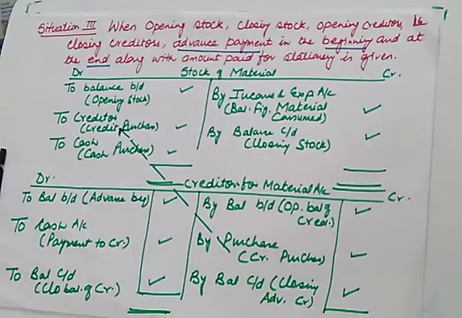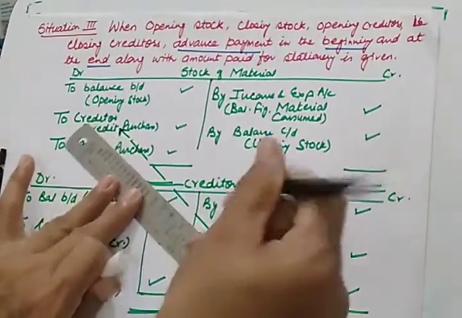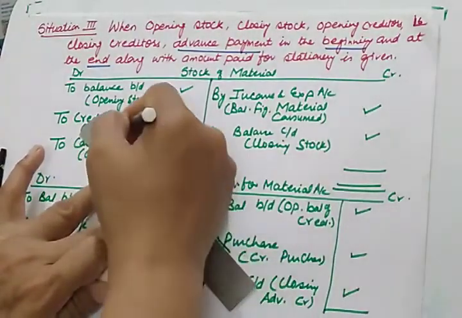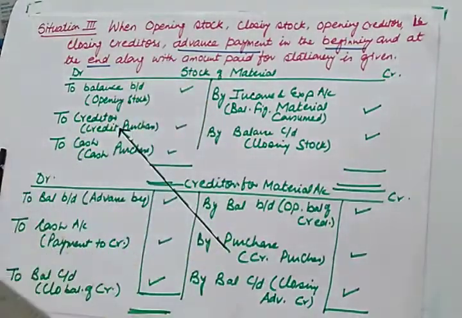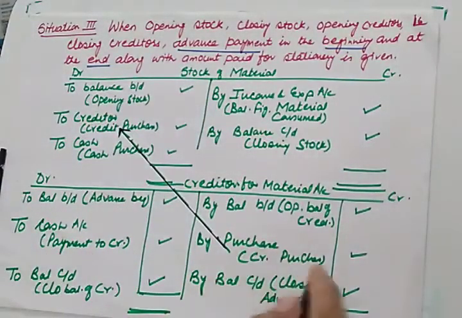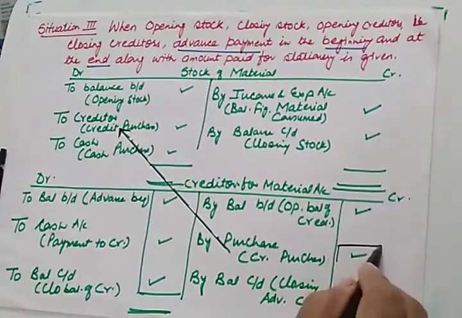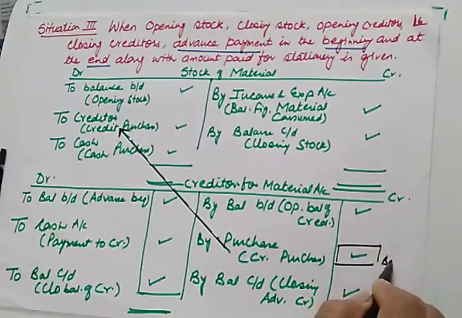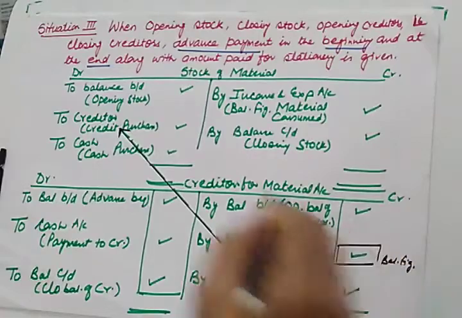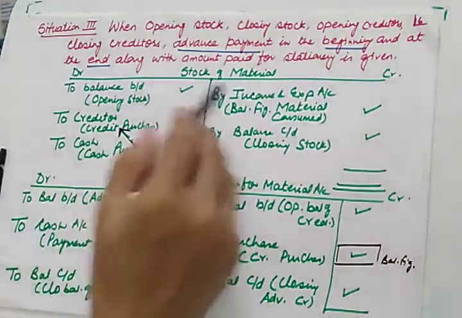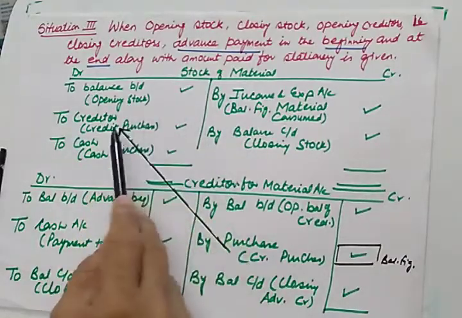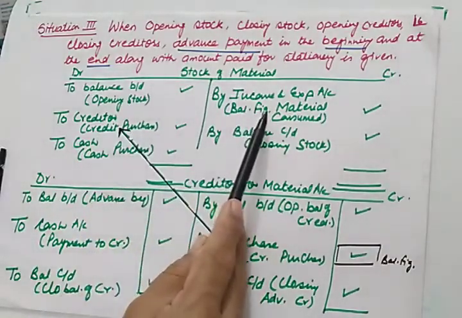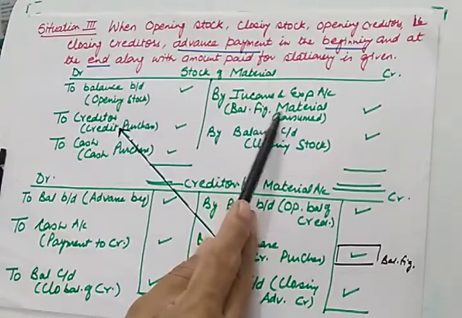I hope this point is clear to you. We have been discussing that both accounts are connected with each other. The credit purchase which you calculate as a balancing figure will go to the stock of material account.